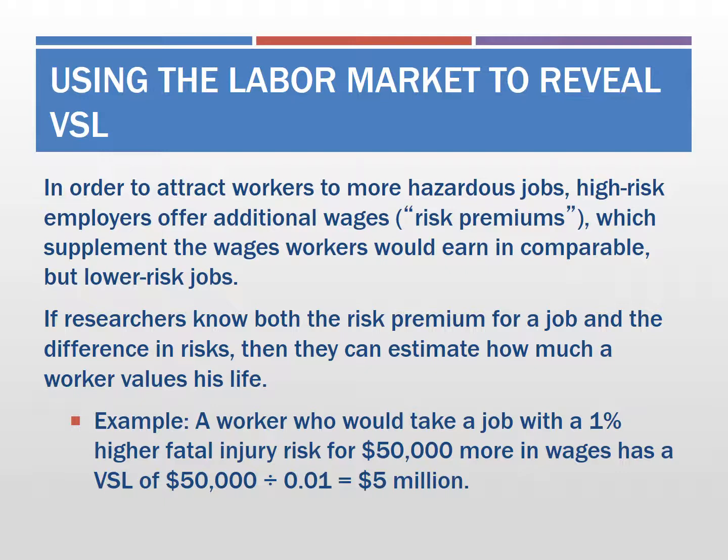On the other hand, other jobs, such as working as an employee in a nuclear plant, or as a firefighter, or as a police officer, involve a somewhat higher chance of getting a fatal injury. So sometimes employers pay higher wages to attract people to work in those positions which involve a higher risk of injury.